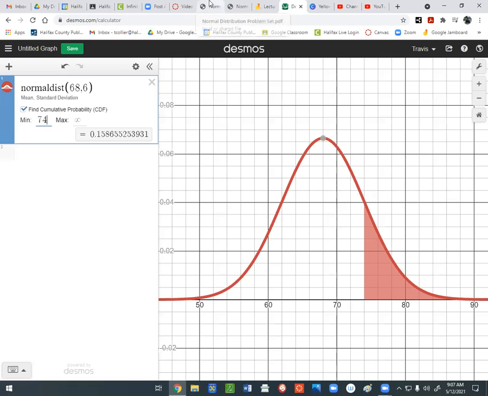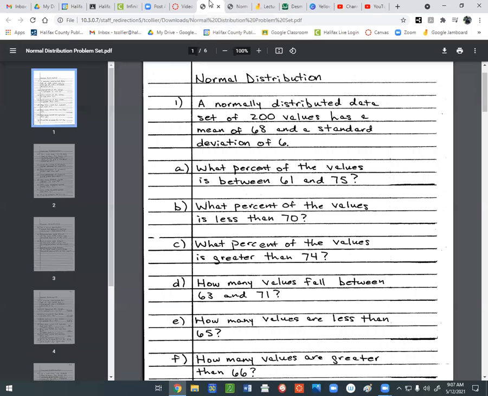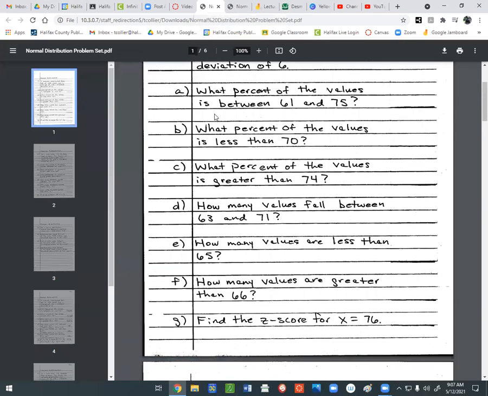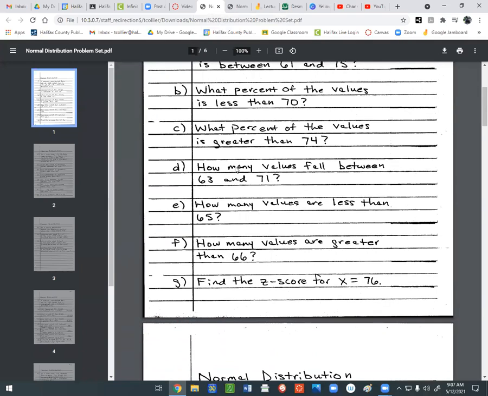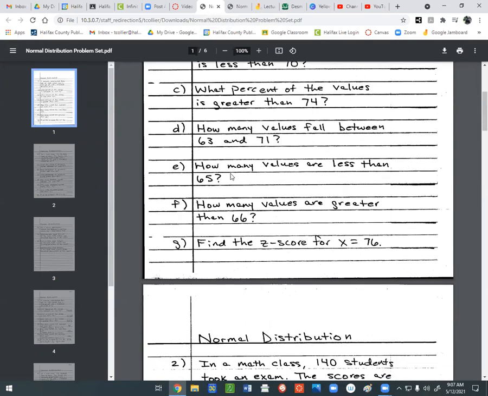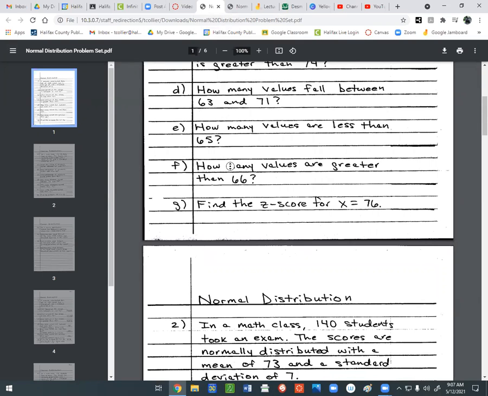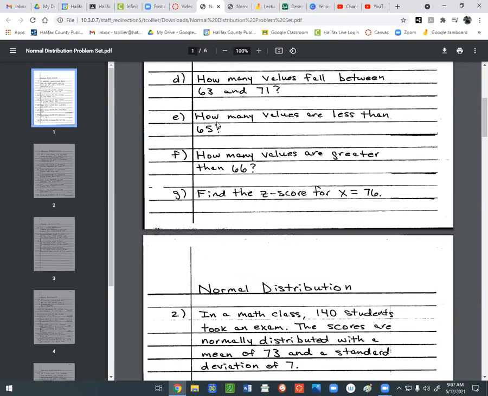All right, so let's look at the next question. How many of the values fall between 63 and 71? So 63 is going to be our lower limit, and 71 is going to be our upper limit.